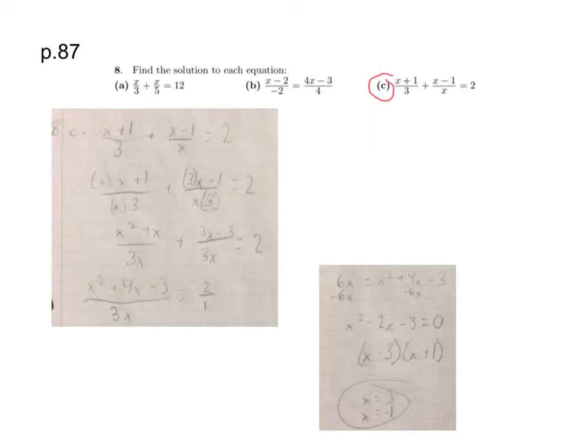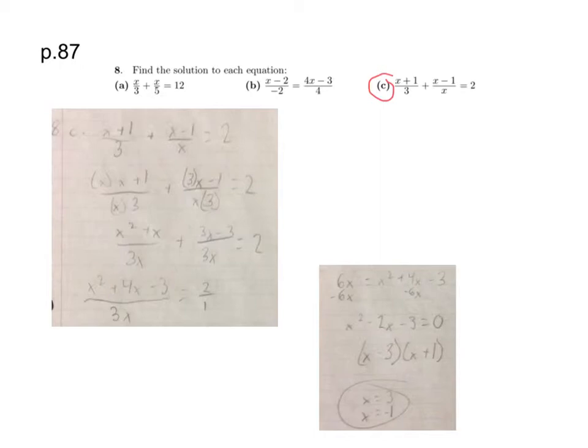Once you establish that, you plug all those in, and on the left side you get x squared plus x over 3x, and on the right 3x minus 3 over 3x. Then you combine them, and you get x squared plus 4x minus 3 over 3x. That is equivalent to 2 over 1.